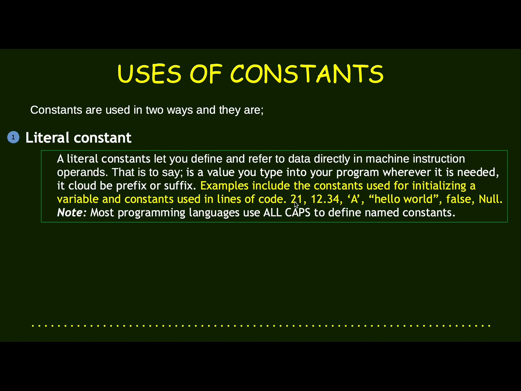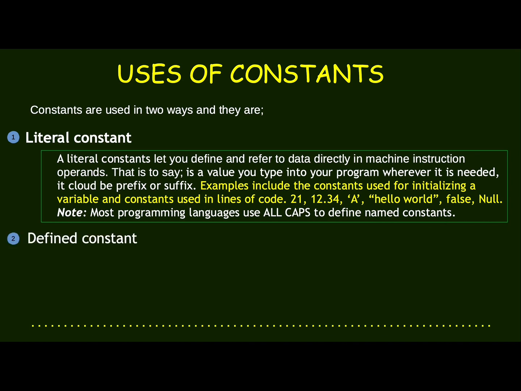Other examples of literal constants are 21, 12.34, a capital A, hello world, false, null, etc. Note that most programming languages use all caps to define named constants, as I said earlier on.